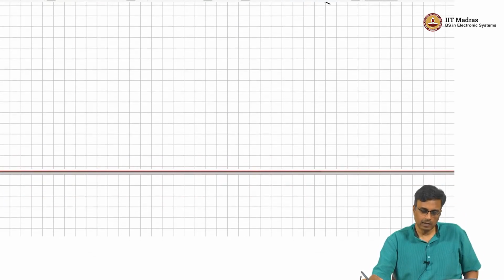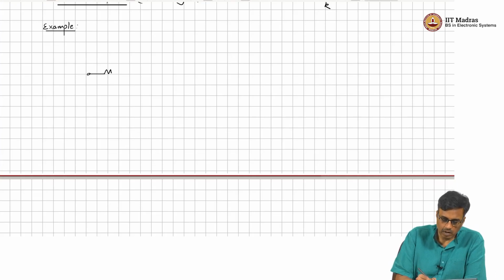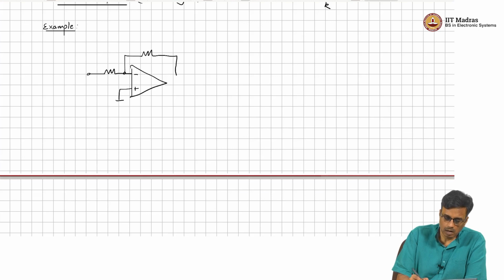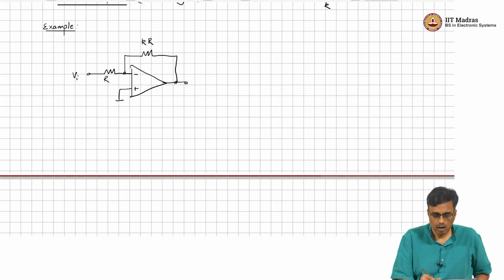All right, let me take another example. Let us now take the inverting amplifier. What is VO by VI?